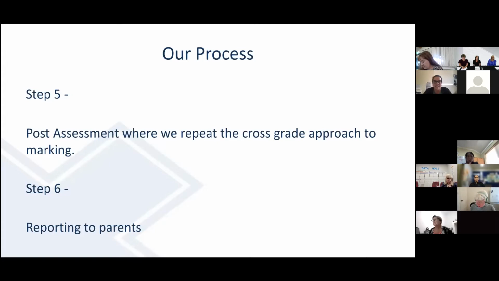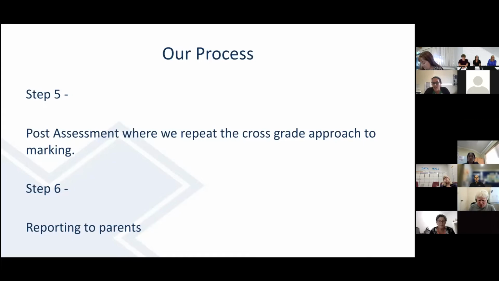discuss that. And then the final step is reporting to parents. And I think this part has been probably the game changer for us in terms of writing assessment. So previously we reported to our parents in our formal reporting process, obviously.